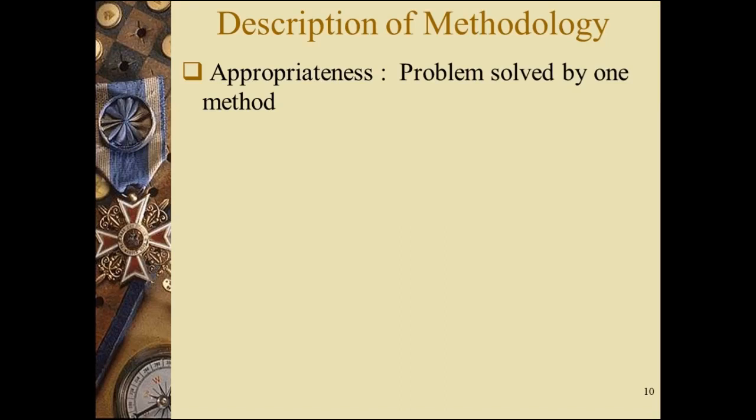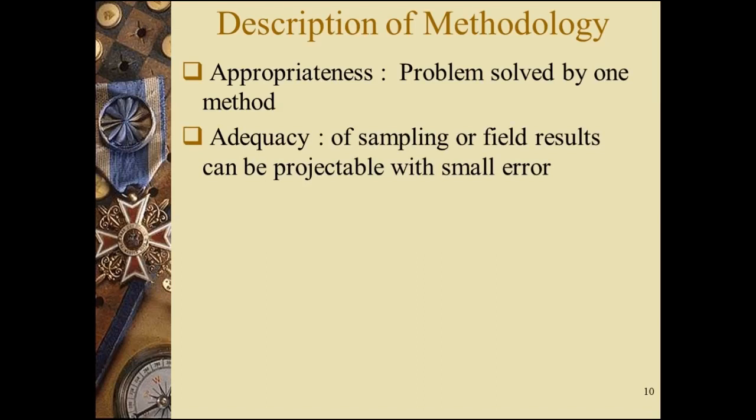So, therefore, the appropriateness of the research methods that you have adopted must be very clearly presented to solve the problems. And then adequacy. This is another important aspect of methodology. Is your sampling adequate? Is it free from errors? Have you used probability sampling or non-probability sampling?